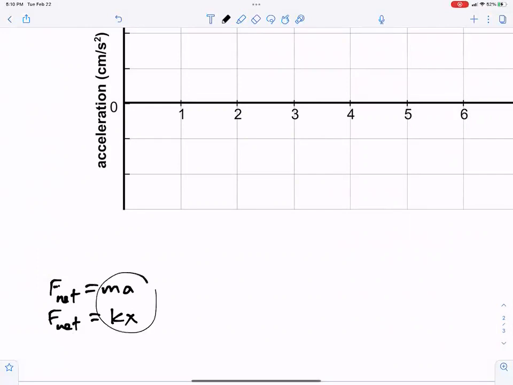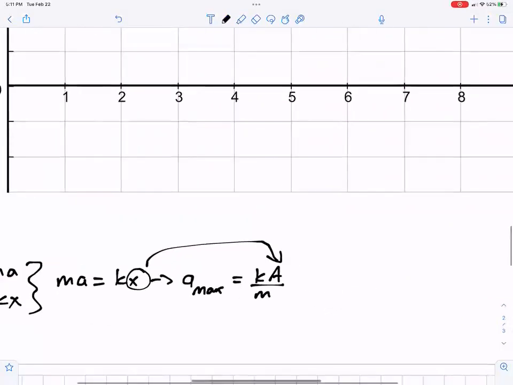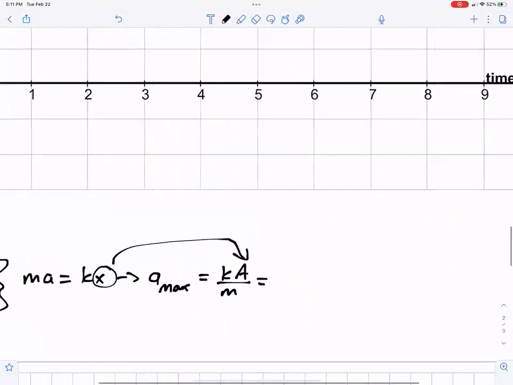So set those two equal to each other, and we have ma equals kx. Solve for a max, which is kA, where x max is the amplitude, divided by mass. So we can figure out a max right on the spot. That will help us plot the amplitude of our acceleration function.